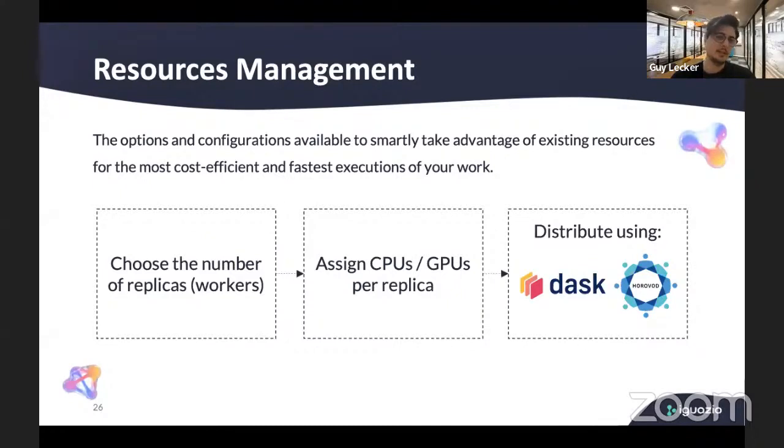You can choose the number of workers, assign CPUs and GPUs per worker, and then distribute using either Dask or Horovod. The distribution, if using the frameworks you saw in the previous slides, is done automatically without code changes, without anything.